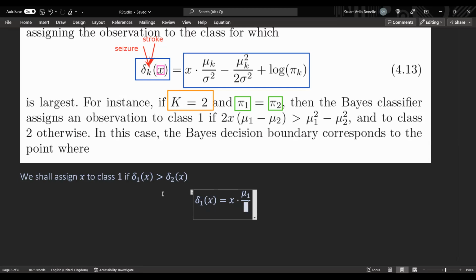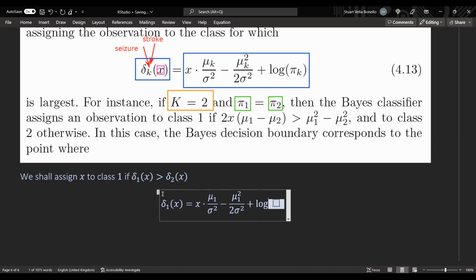The variance is sigma squared, the standard deviation squared, minus mu k squared, but this is 1 all over 2 sigma squared plus log pi 1.